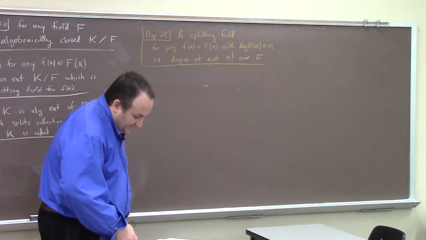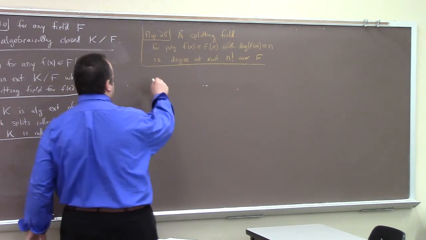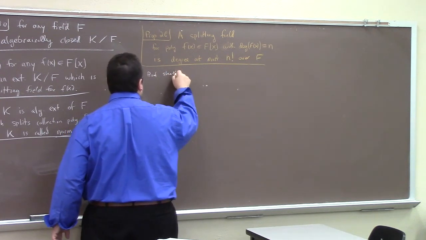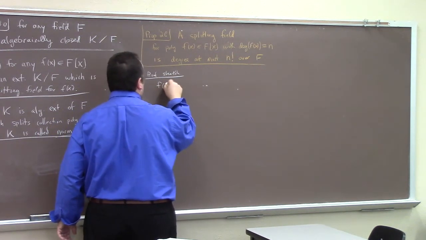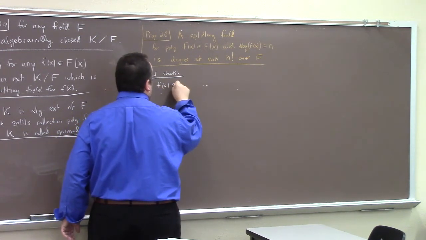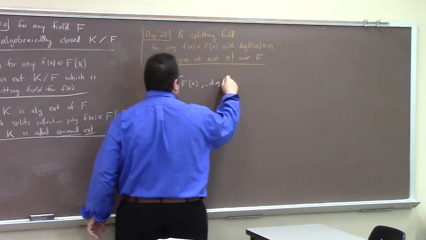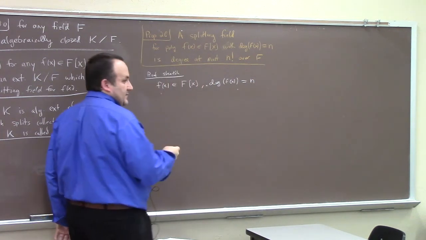Let's see here. So the proof is actually before the proposition, essentially. So here's the proof sketch. So you got f of x, degree n, right?